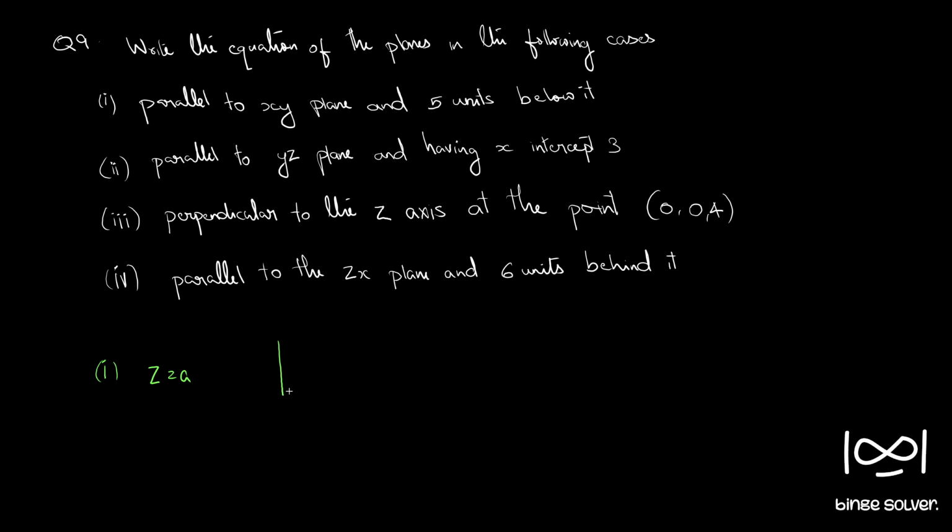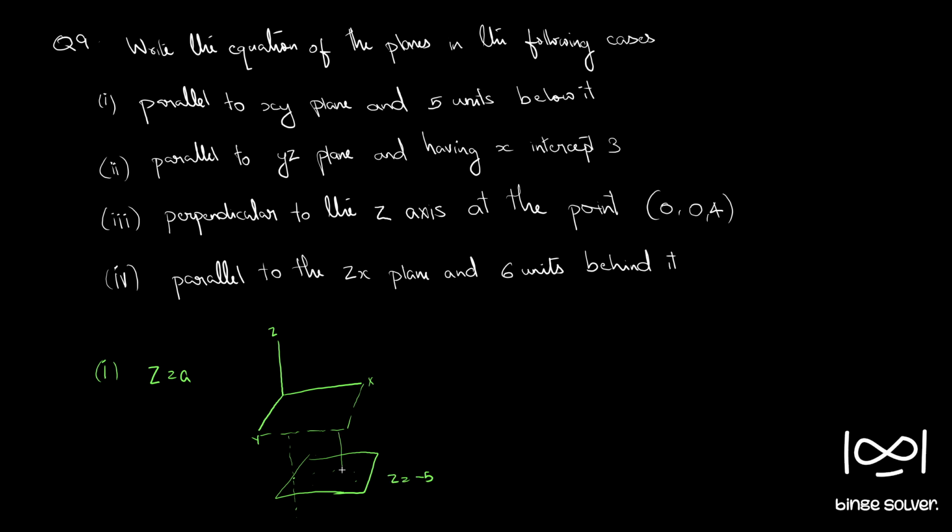Let the x, y, z coordinates be like this, and this is our xy plane. This is z in the direction. So a plane parallel to the xy plane and 5 units below it means, let's say here we have another plane like this, where any point on this plane has z is equal to -5.